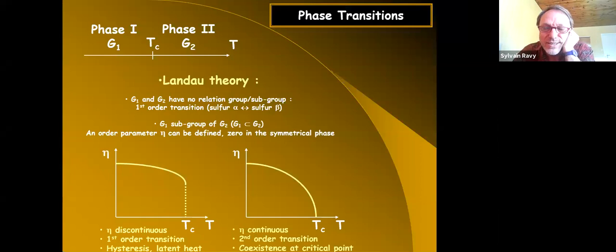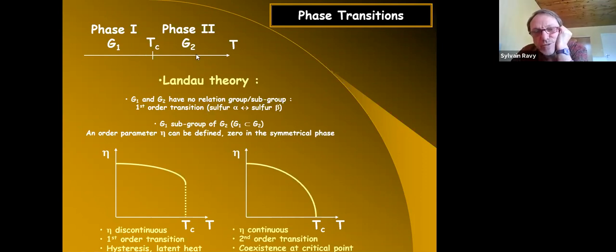And then I just want to give you an example of phase transition, because you will have a lecture on that. Very simple concept. If you have two phases, phase 1 and phase 2, with a space group G1 and space group G2, Landau theory says that if there is no group-subgroup relation, you have a first order transition.